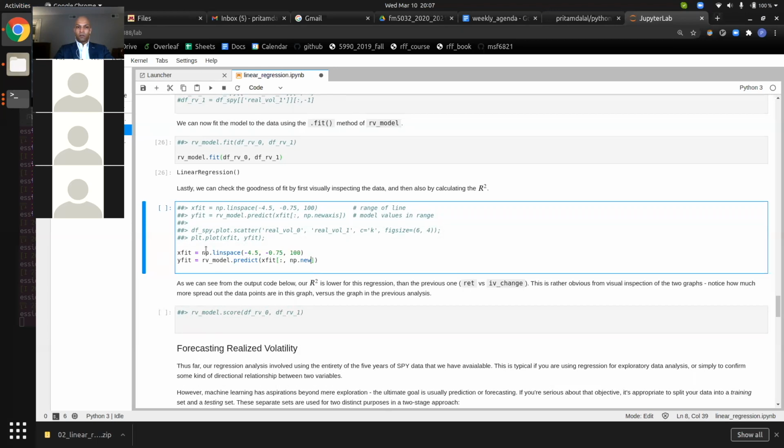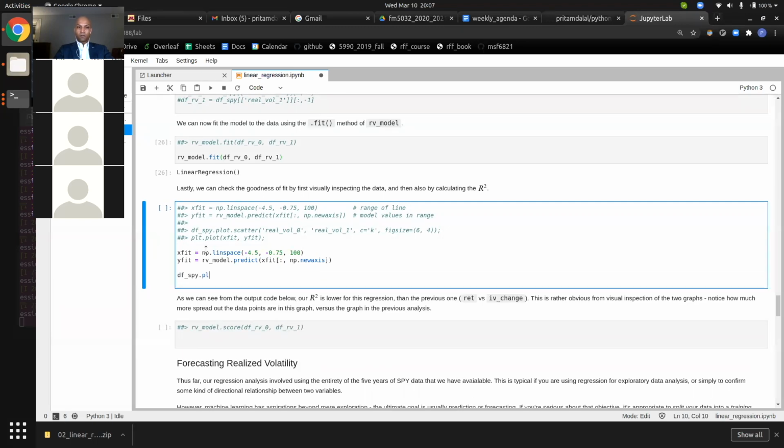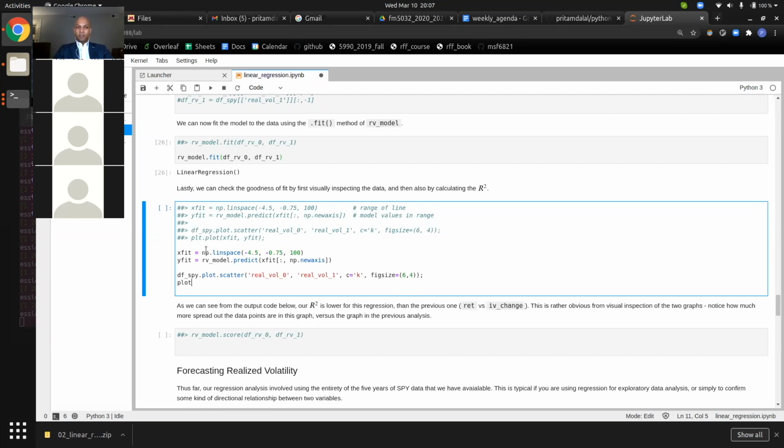New axis. Create a scatter plot of realvol0 against realvol1. And let's go ahead and plot that.